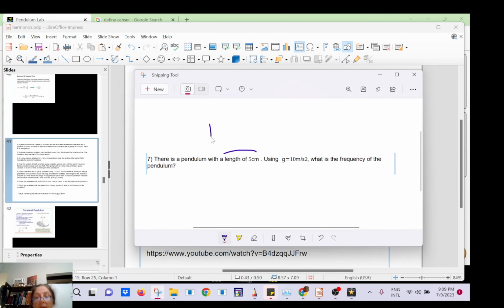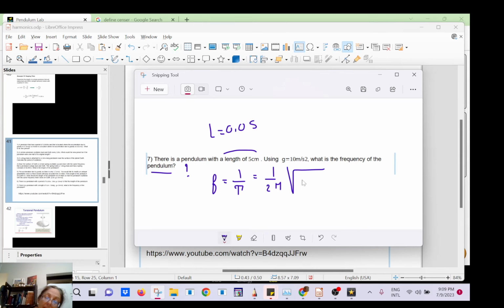So you have the length here, 0.05. The frequency is 1 over the period. So it's going to be 1 over 2 pi. And then for the period I had L over G, so now I have G over L, right? Because the period is 2 pi square root of L over G, sorry.